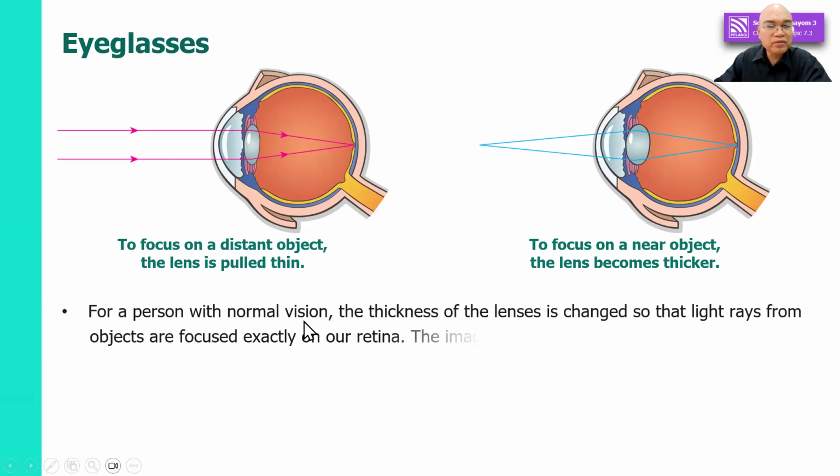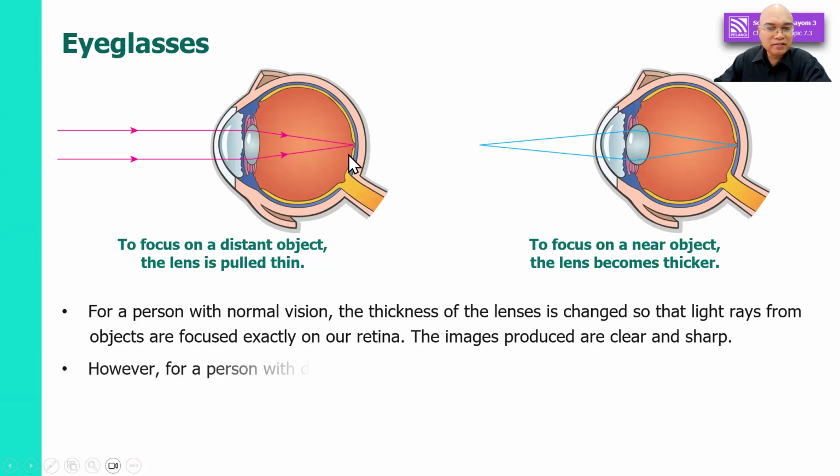Okay, so for a person with normal vision, the thickness of the lens is changed so that light rays from the objects are focused exactly on the retina. This side is the retina. So it should be right here, okay? For a normal person, you adjust the lens and the image will be formed at the retina. The images produced are clear and sharp right here in the retina.